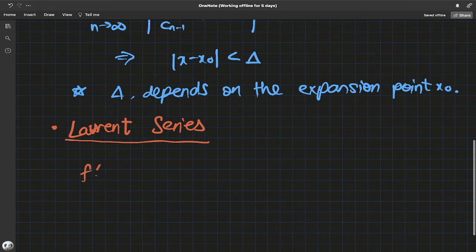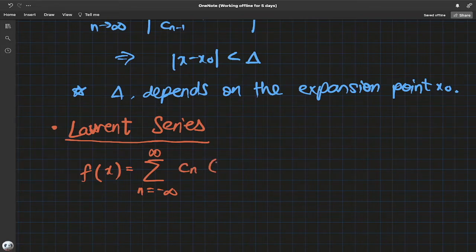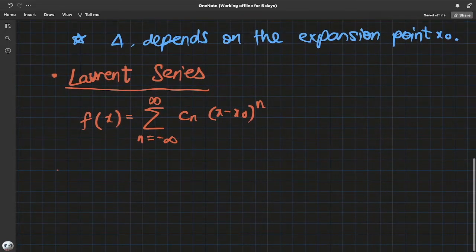So, say you have f of x, which is, instead of starting with 0, you start from negative infinity to infinity: c sub n (x minus x naught) to the nth power. Now I'm going to write some terms, and since we start from negative infinity, we're going to have some dots. Then the c minus 1 term, (x minus x naught) to the negative 1 power, which is x minus x naught in the denominator.